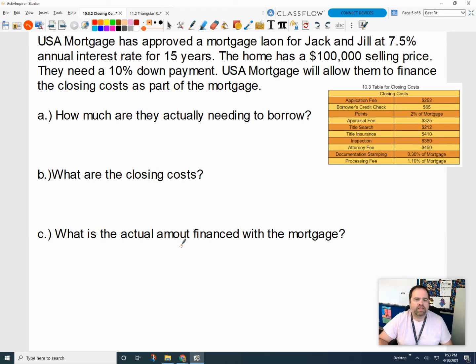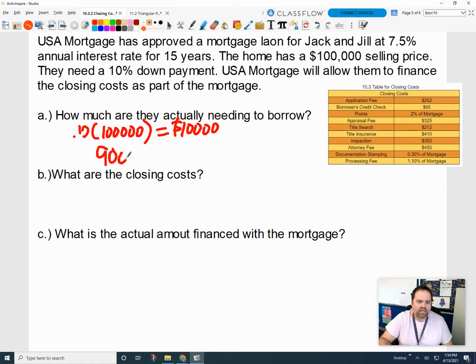All right, $100,000 house, 10% down payment. So they're going to finance. It's a lot of zeros. 10% of $100,000 is $10,000. So they are going to borrow $100,000 minus the down payment, which is $90,000.